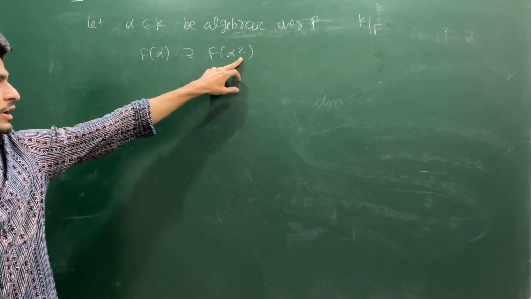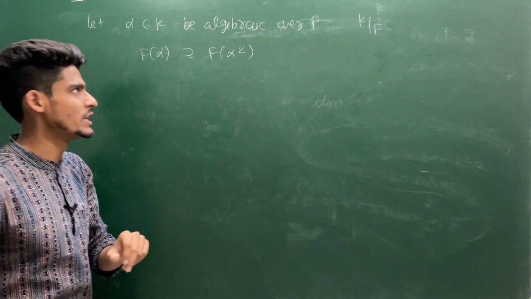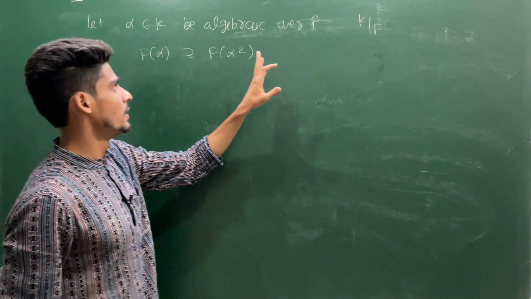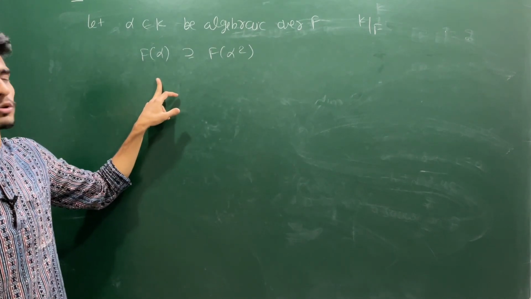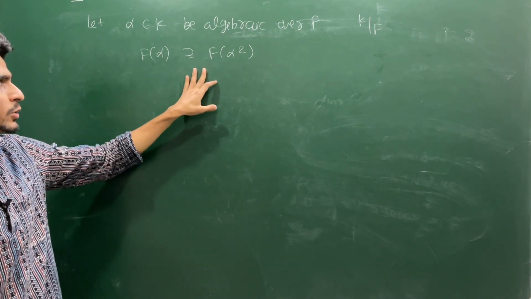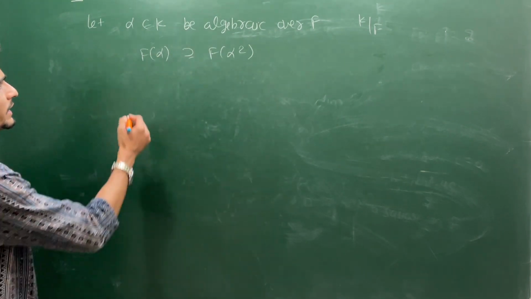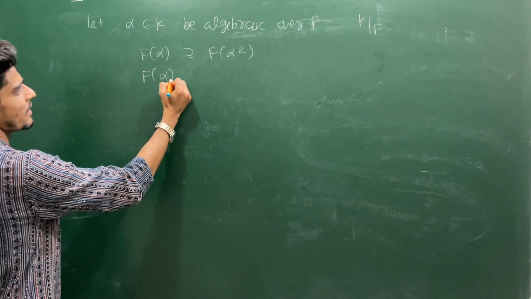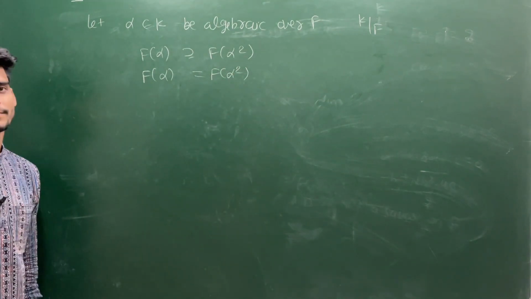But if alpha square is there, you cannot say alpha is also there. In case of rationals, suppose 2 is there, but its square root is root 2, which is not available in Q. So that you cannot say. So F(alpha) contains F(alpha square). Give me some certain condition so that I can say this F(alpha) is equal to F(alpha square).